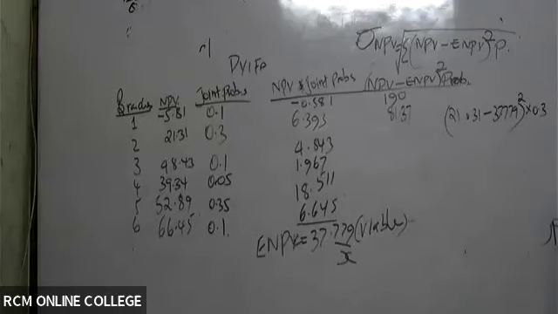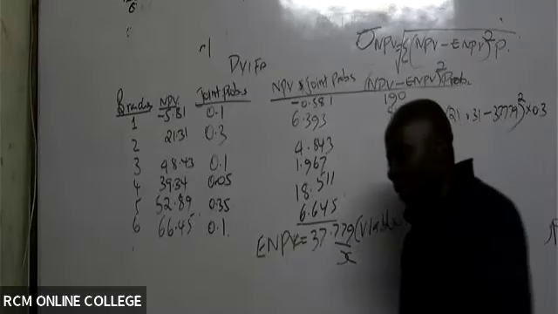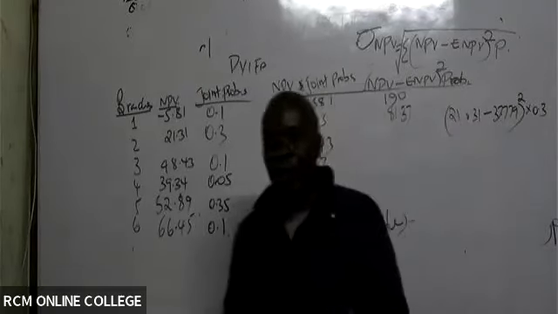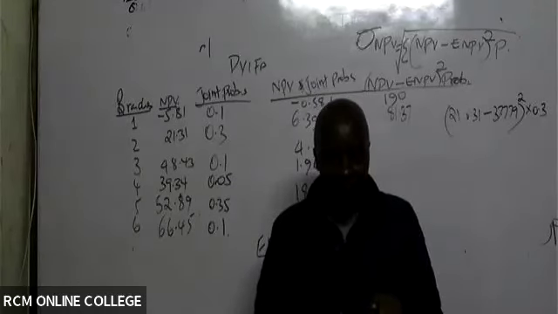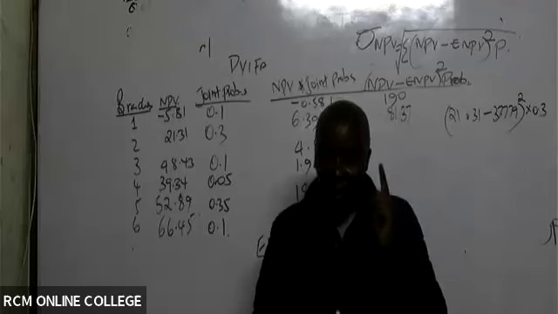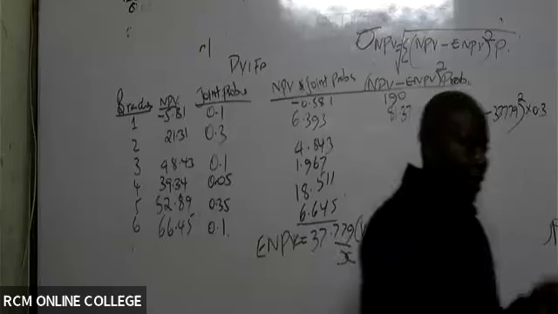So remember, for this topic, we shall do all the questions in your past papers. This is the topic that we have to be very serious about. And then the other topic that we must be very serious about is advanced financing decisions, the cost of capital.